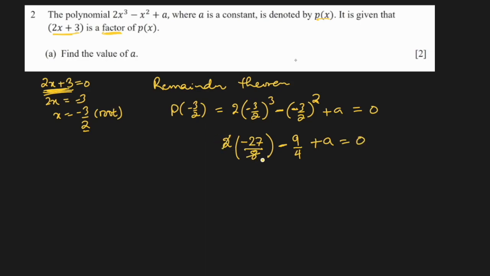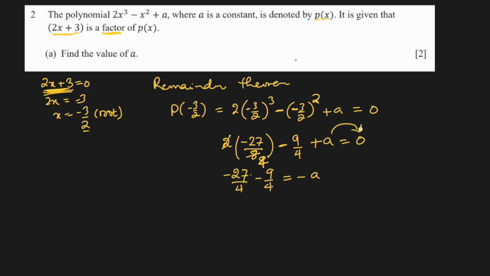This 2 and 8 may cancel, and we are left with 4. Minus 27 over 4 minus 9 over 4 equal to negative a.